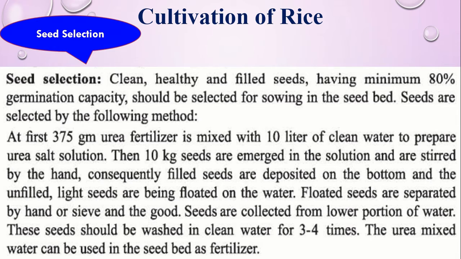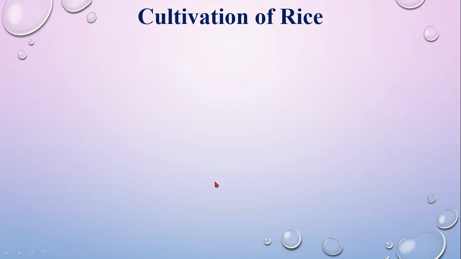Consequently filled seeds are deposited at the bottom, and the unfilled light seeds float on the water. That means take 10 liters of water and mix 375 gram urea fertilizer, and then immerse 10 kg seed inside that water. If the seed floats on the top, that is not good seed; the seed which goes underneath the water is the good seed. This is the process of selecting seed.